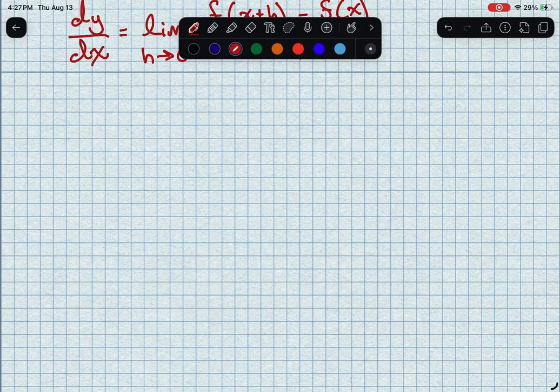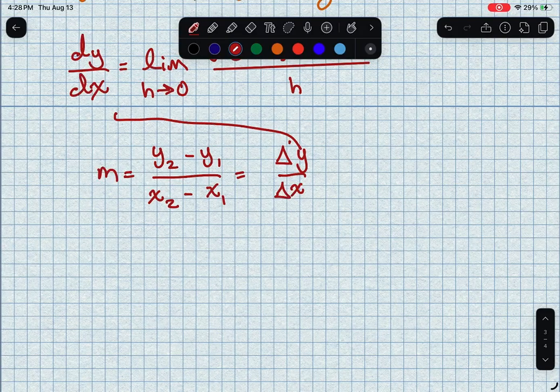So m, the slope of a line, is equal to y2 minus y1 over x2 minus x1, which equals delta y, the change in y, over delta x. That may look very similar to dy dx, and it is very similar, and it represents kind of the same thing.